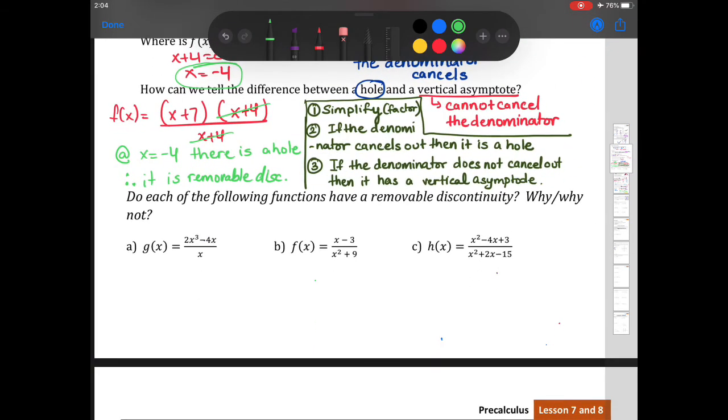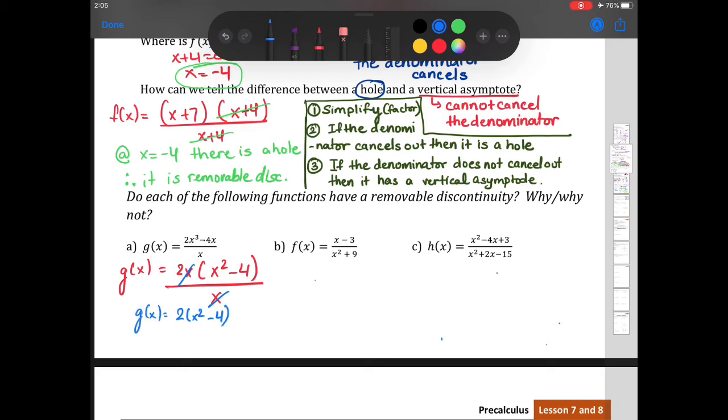For the next thing, it says, do each of the following functions have a removable discontinuity? Why or why not? So you have to find out if they do or not. The first thing I told you is what? Simplify it. There's a GCF here, which is 2x, and you're left with x squared minus 4 over x. What happens to your x's? They cancel out, right? So you're left with 2 times x squared minus 4.